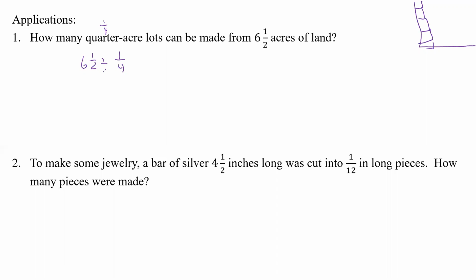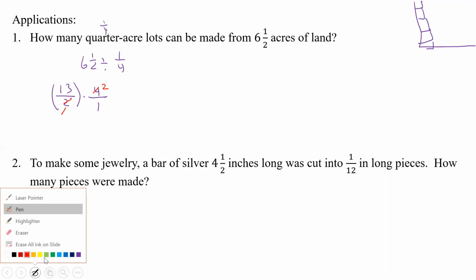Now, what do we do here? Well, it's the same thing we've been doing. We have to convert this one to an improper fraction and then change to multiply by the reciprocal. So 2 times 6 is 12, plus 1 is 13/2. And again, multiply now by the reciprocal, which is 4/1. When we do that, 2 will go in here once, 2 will go in here twice.